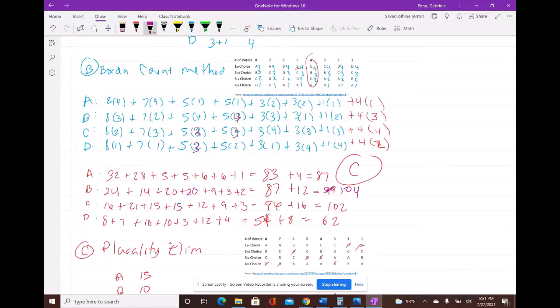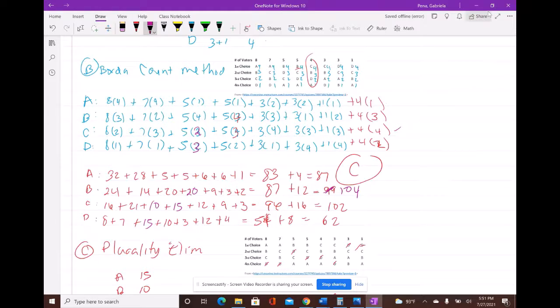And then this guy was supposed to be a 3. So this was supposed to be 10, and this was supposed to be 15. And then 5 times 2, 5 times 3, 4 times 4, which is here, 3 times 4, 3 times 3, and 1 times 3.